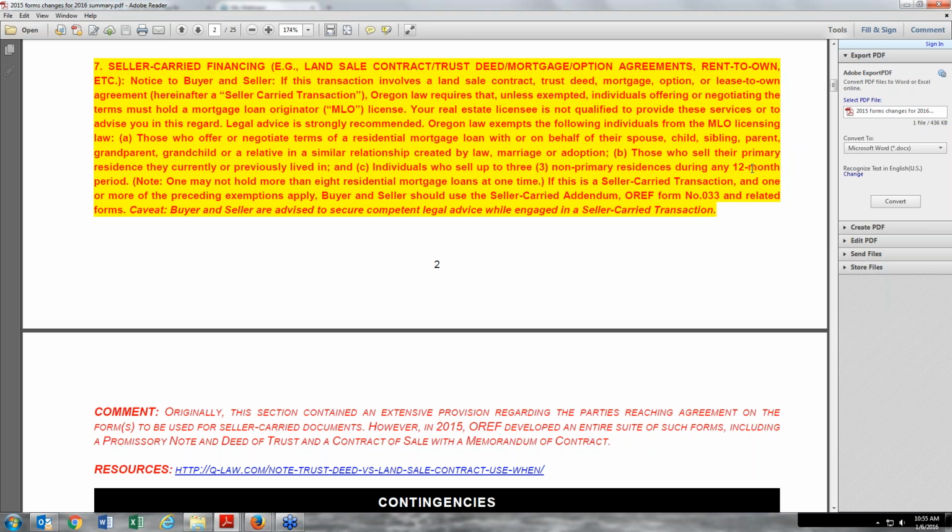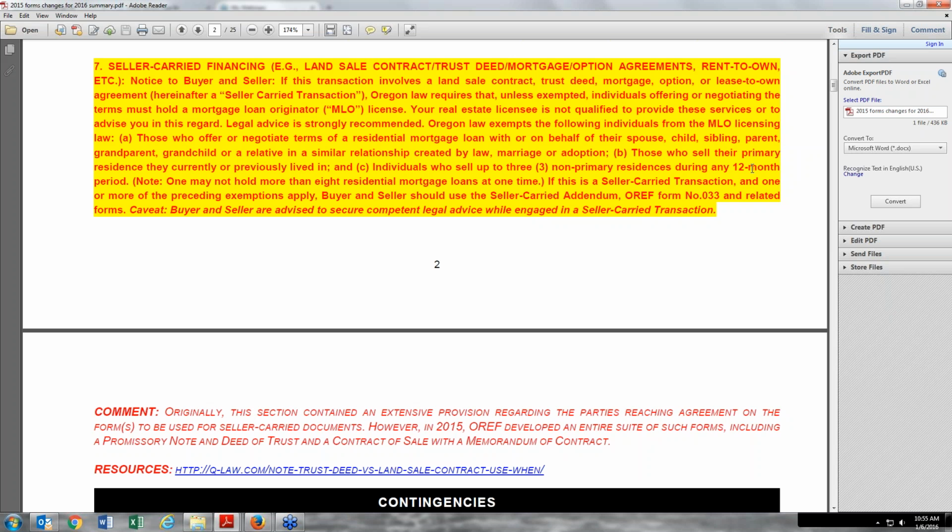Well, Oregon exempts the following individuals from this, and this is a good thing. The Oregon exemptions are better than the federal. Number one, those who offer or negotiate terms of a residential mortgage loan on behalf of their spouse, child, sibling, parent, grandparent, grandchild, or a relative in a similar relationship created by law, marriage, or adoption.